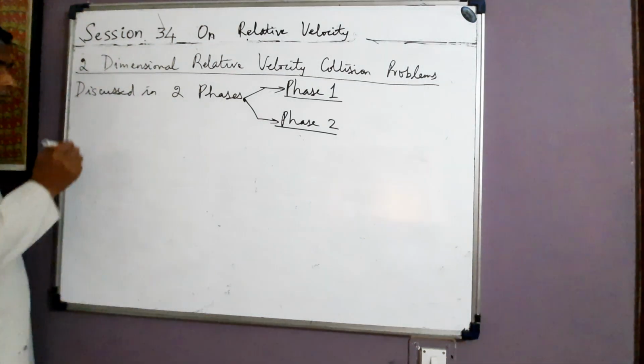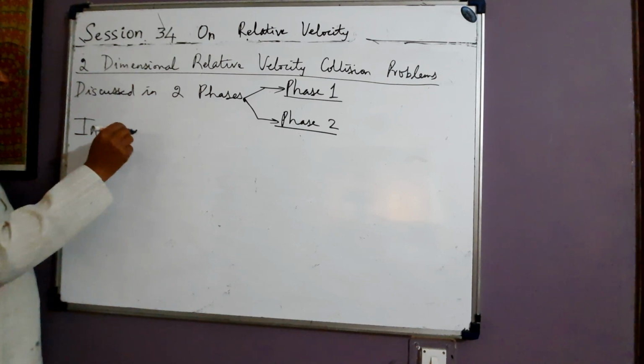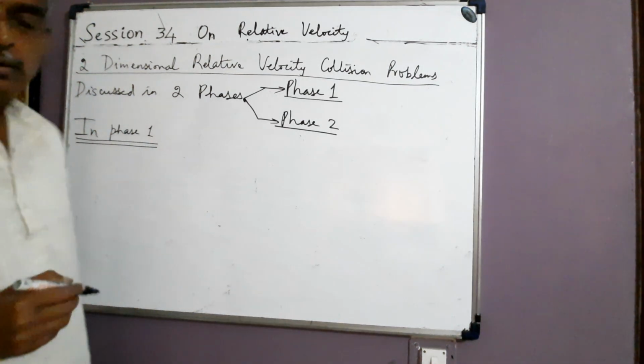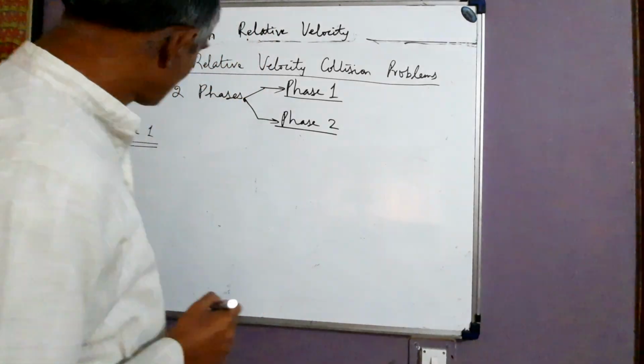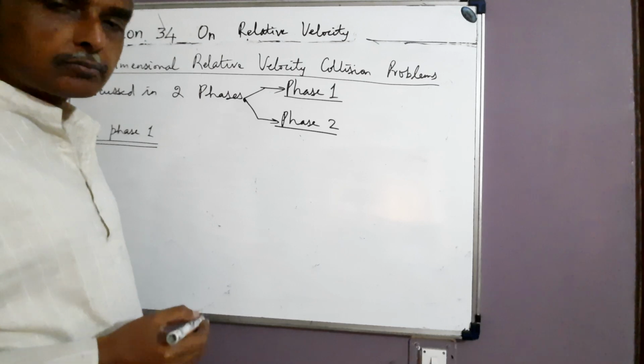So in phase 1, it will be assumed that the relative acceleration between the two colliding bodies is 0.